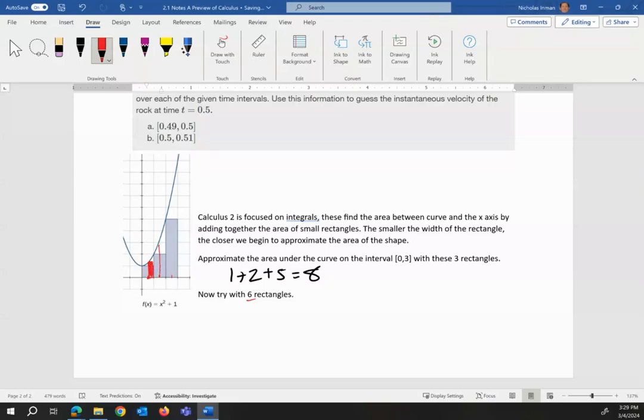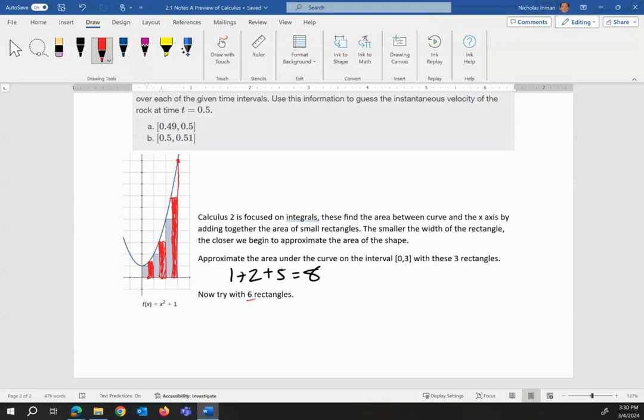Now you see how adding in these extra pieces kind of fills in some of that extra white space. And by doing this, we fill in more of that white space.